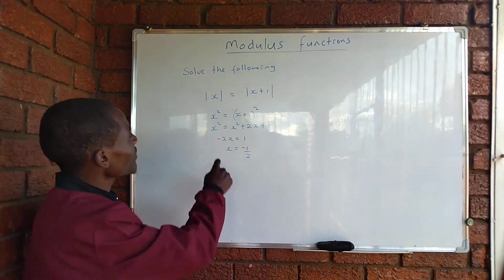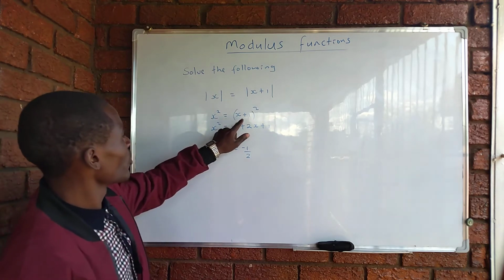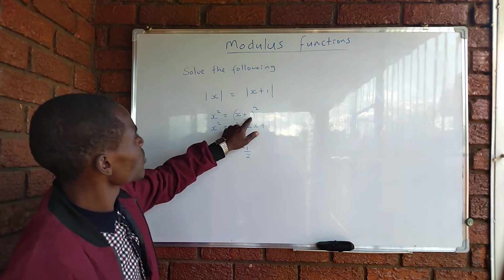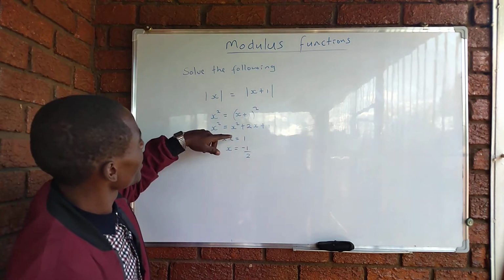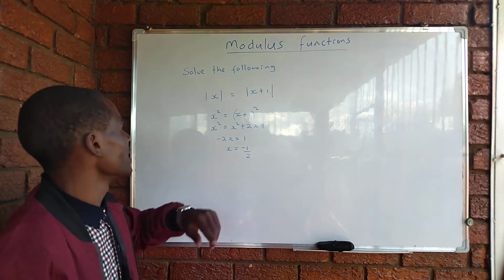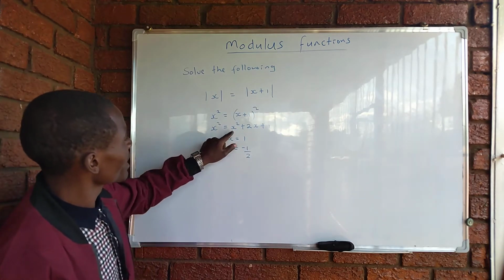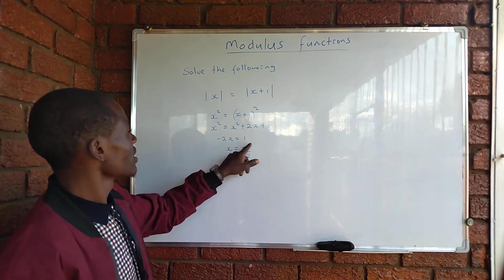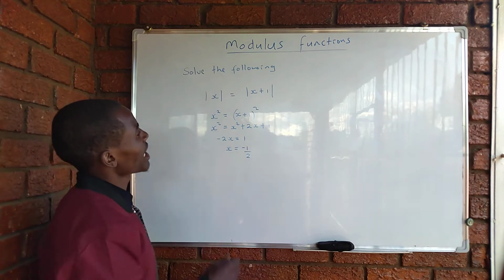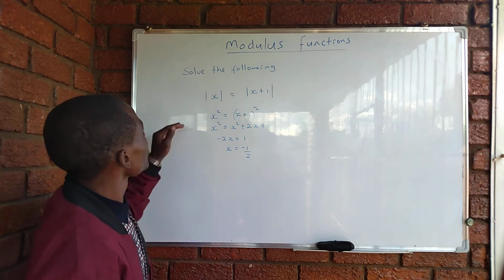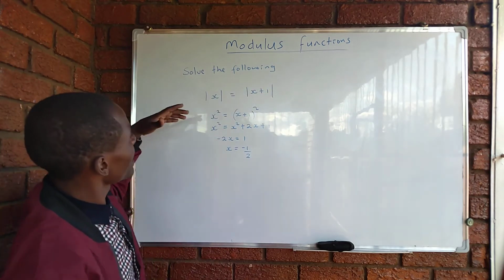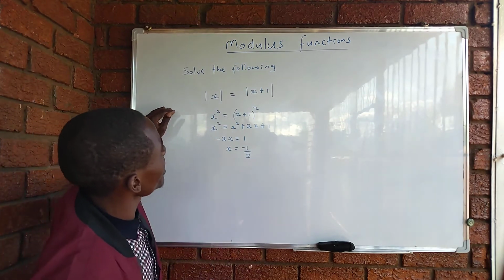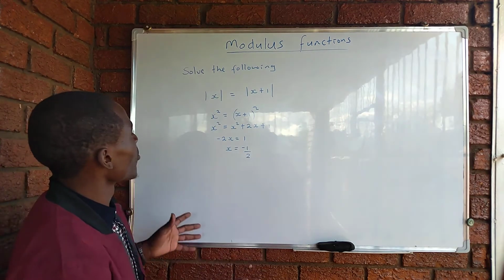Then x squared plus 2x plus 1. Then x squared minus x squared is 0, then minus 2x is equal to 1, so x is equal to minus half. So that's how you solve this equation. You remove the modulus sign first, guys, it's simple.